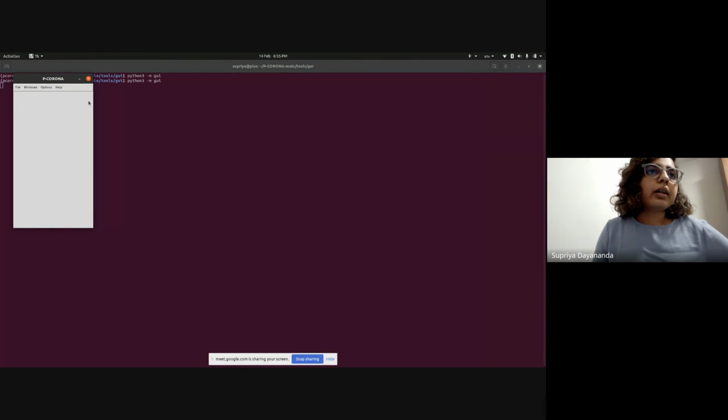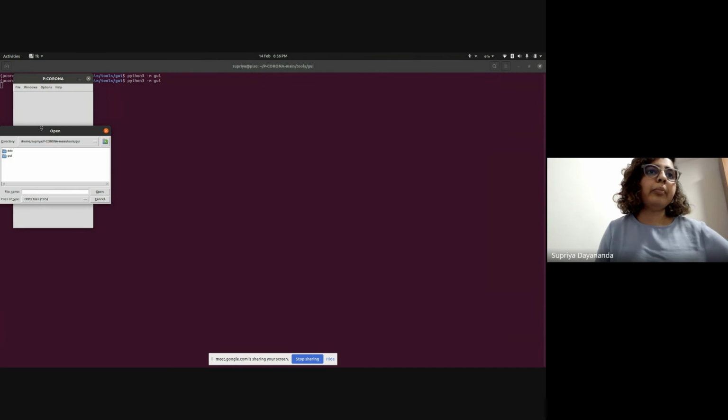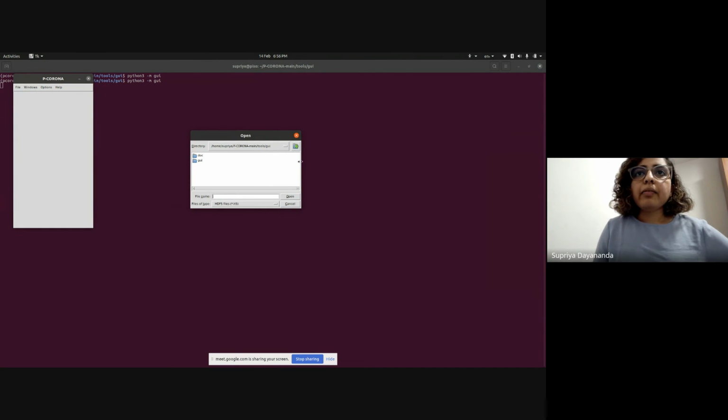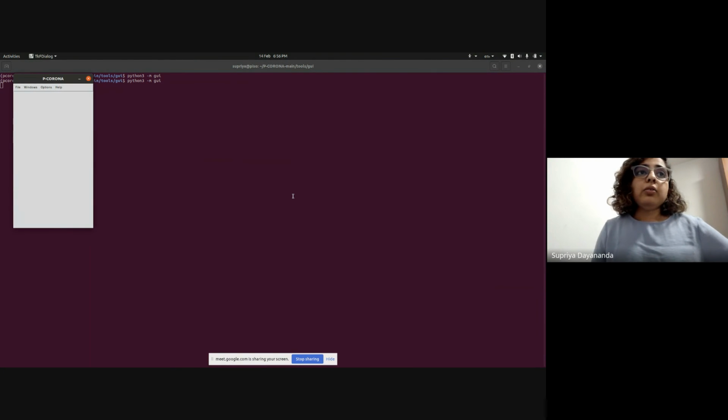Here, I will try to show you a sample example. I have an output generated from CORONA, and you can use the GUI to visualize both the input and output parameters.